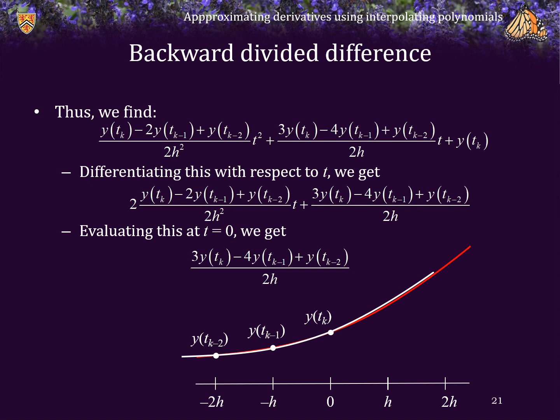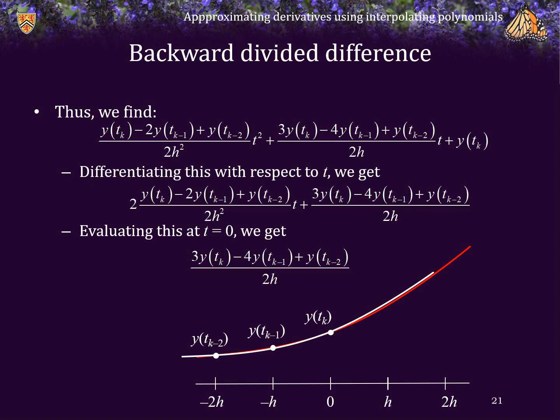This is the approximation of the interpolating quadratic that we see below evaluated at 0, which is now the slope at t sub k from the original data.